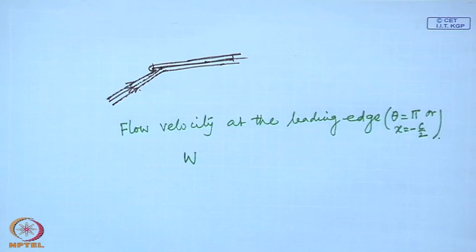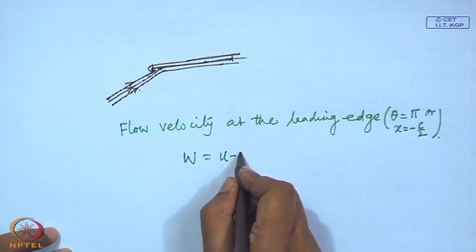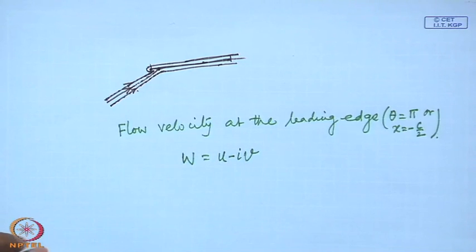The complex velocity u minus i v, how much is it at the leading edge? Here also you are getting q infinity cos alpha.